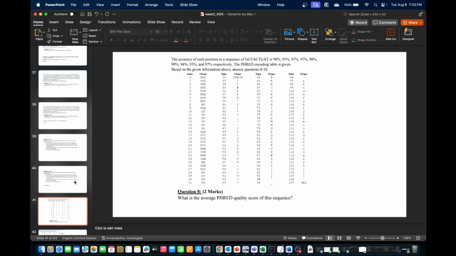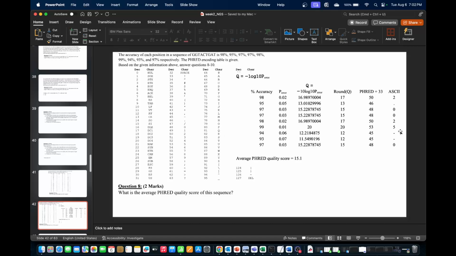Just the Phred score. It's not the Phred plus 33. Phred plus 33 is the encoding format, but basically this is your rounded off Q value. This is what they have averaged out, not this one. This is also, I think, a typo issue. This question also has an issue, but this is the average of this one, not this one.